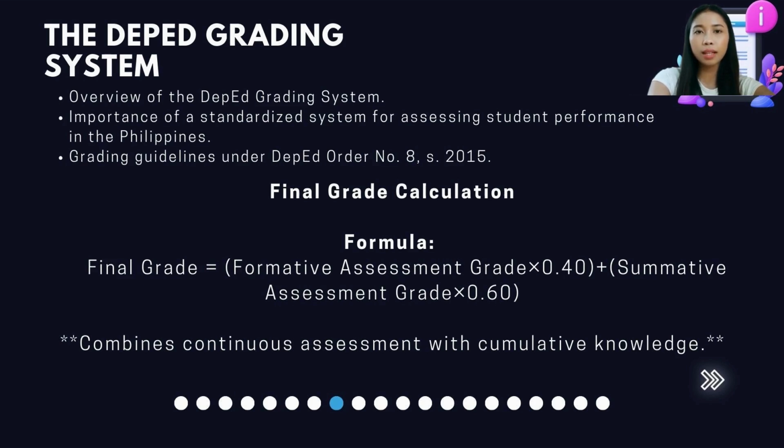So each assessment has a specific weight depending on its type and importance. The final grade here is computed using the following formula that you can see in the presentation. Before you get the final grade, you should compute it first so you can make sure about the results in the end.